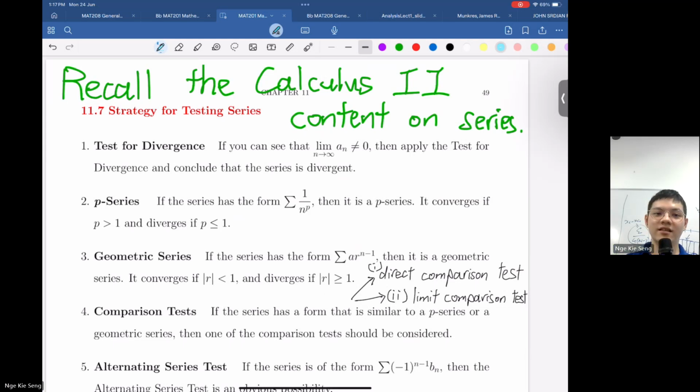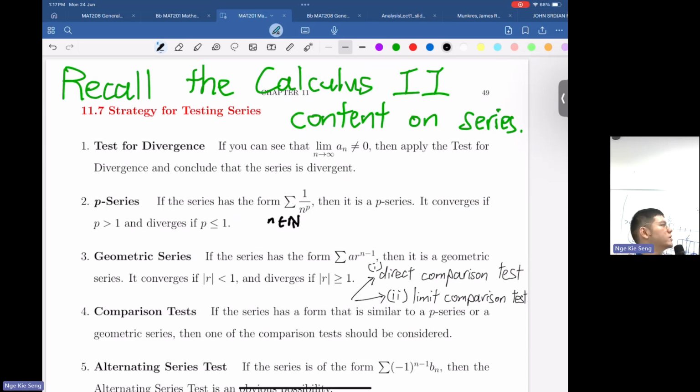Any natural number. This n only lives in the natural numbers.